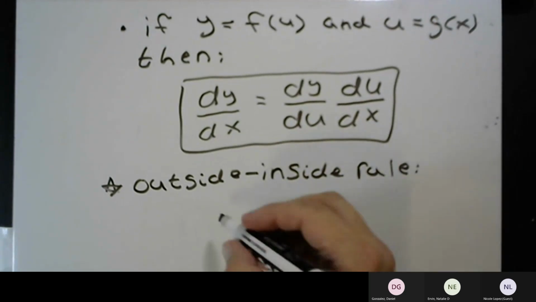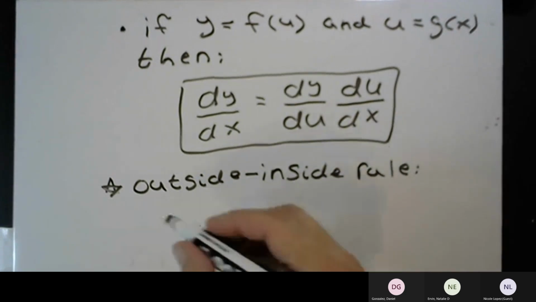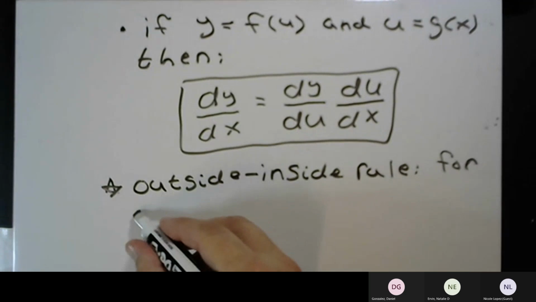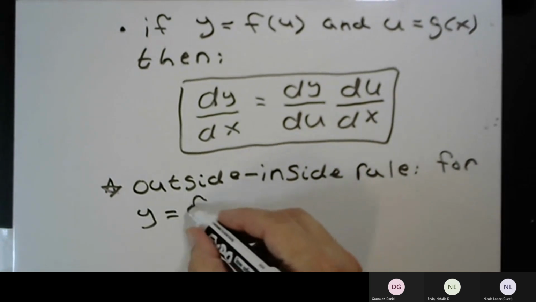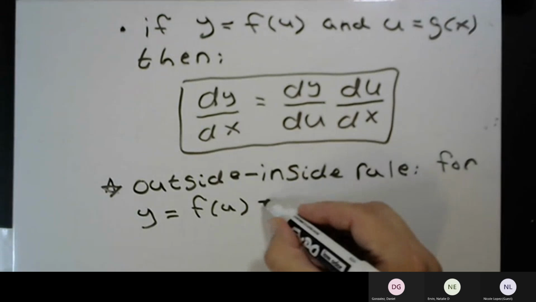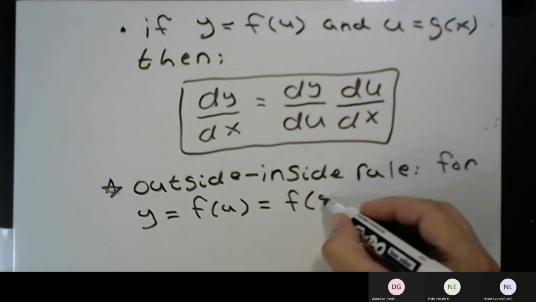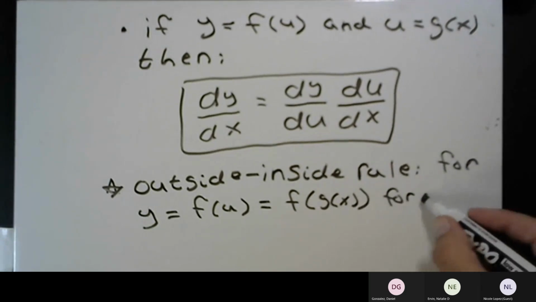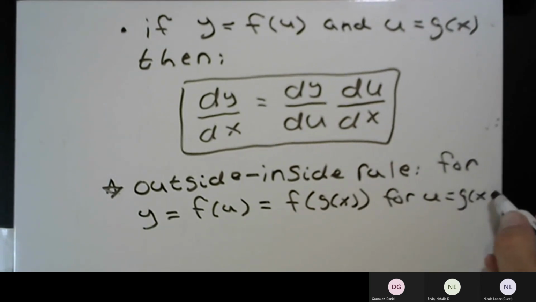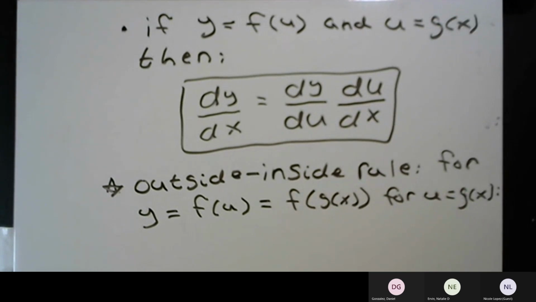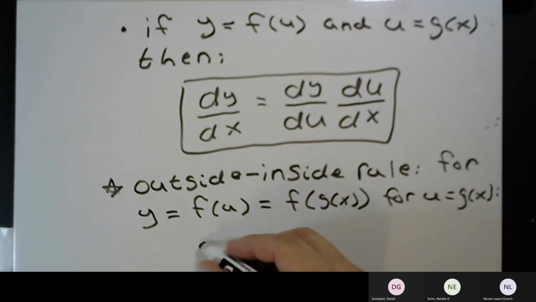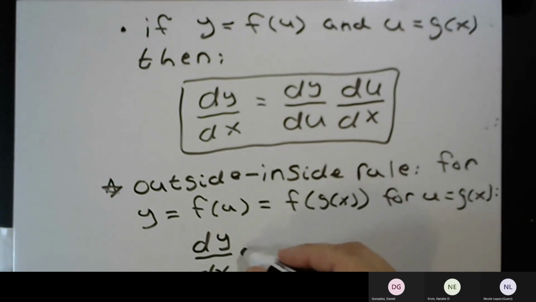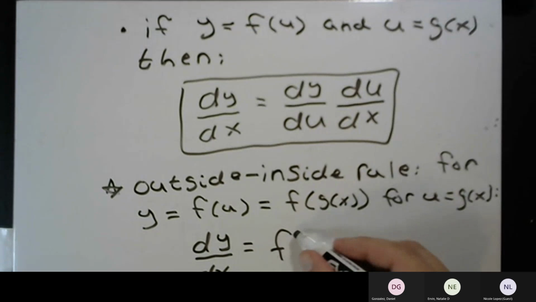And it basically says this: for y equals f of u, or f of g of x, for u equals g of x, what you basically get is you're going to take the derivative of f.